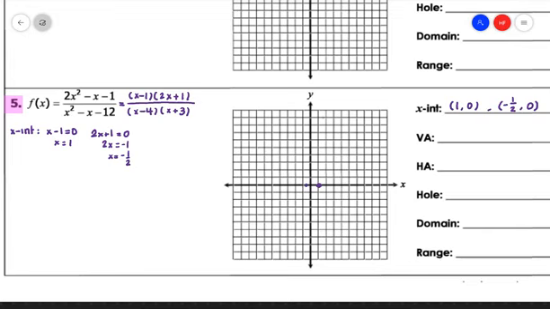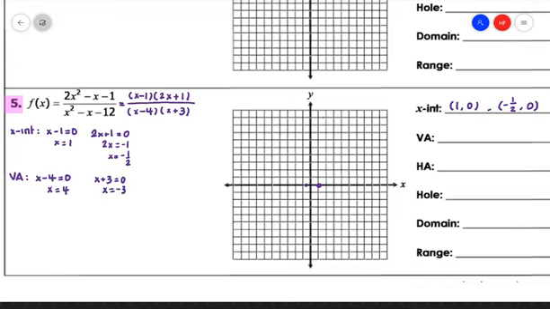Then the next thing we're looking for is our vertical asymptote. Vertical asymptote we find by setting the denominator equal to 0. So x would equal positive 4 and negative 3.